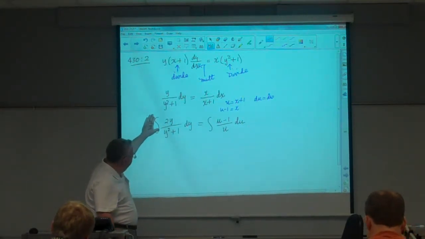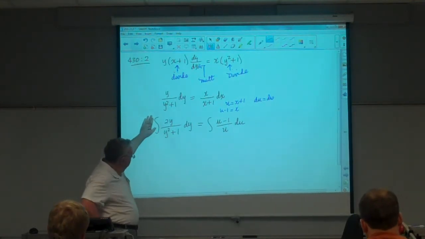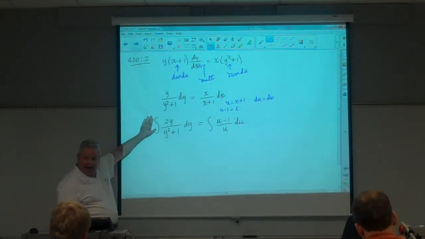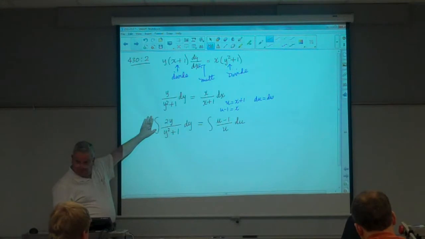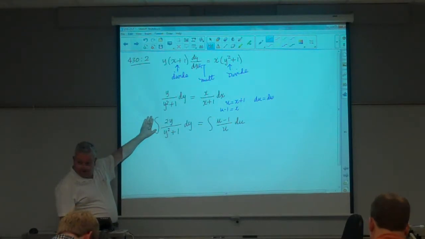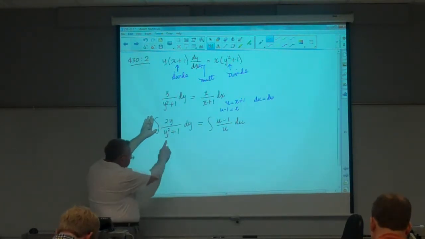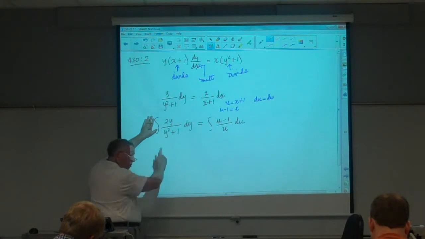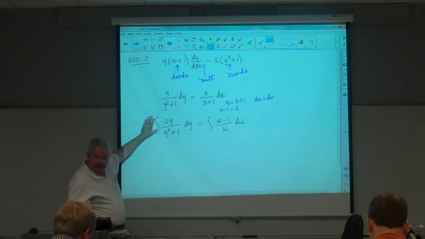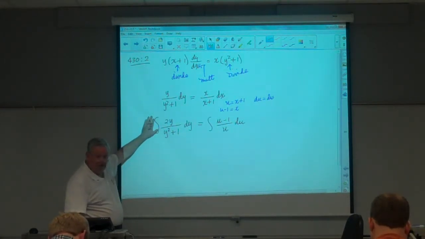First thing, forget about the half for a minute. Do you follow why I wanted the 2 there? Does everybody know why I wanted the 2 there? Spencer, do you know why? The 2y at the top? Because this y squared right here, when I take the derivative of it, I get the 2y. Agreed?